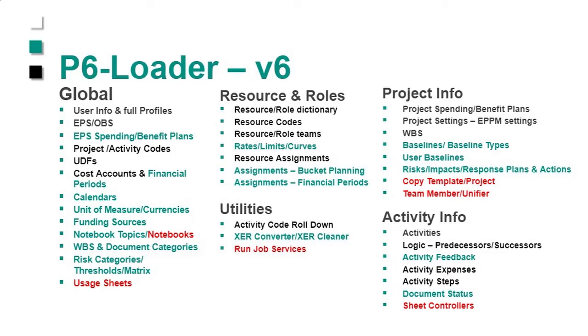They can be the project team baselines or the user baselines, the risks, the response plans and actions, the templates, the integration to Team Member or Unifier. And finally, at the activity level, we can edit activities, logic, activity feedback, expenses, resource assignments, steps, all that kind of stuff.